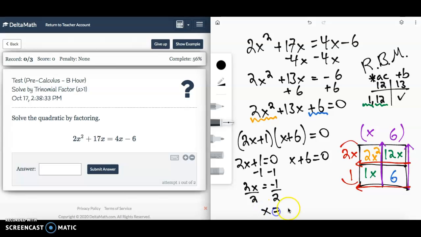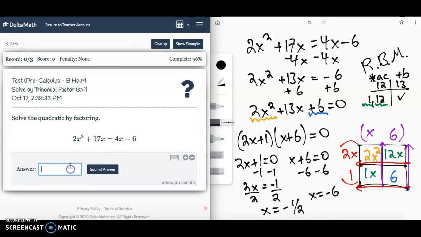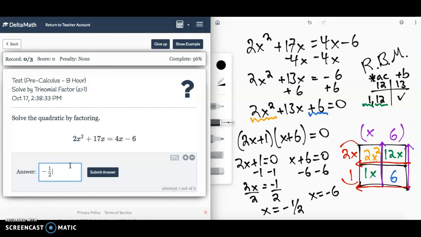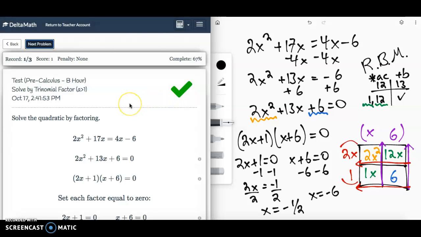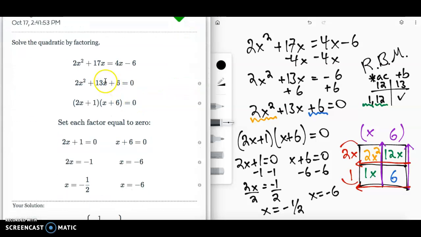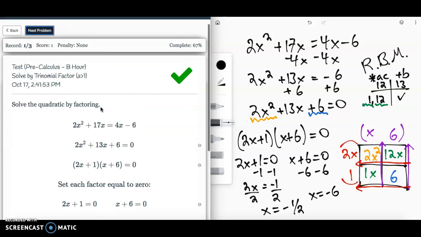So x equals negative 1/2 is one answer, and x equals negative 6 is my other answer. Negative 1/2, negative 6. Awesome. They won't show you the box method going from here to here, which is why I wanted to write it out very specifically. But there you go.